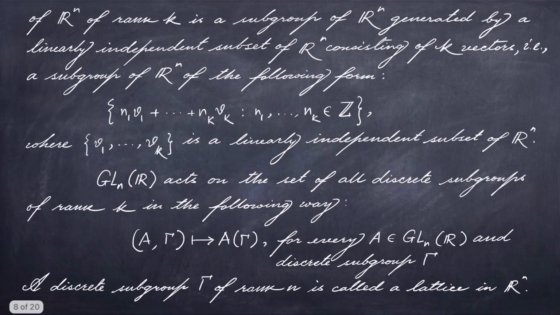So let me again explain what is happening. We have the action of GLnR on the set of all discrete subgroups of any given rank k. In particular, GLnR acts on the space of all lattices in Rn, and from that we obtain the action of SLnR on the space of all lattices in Rn.